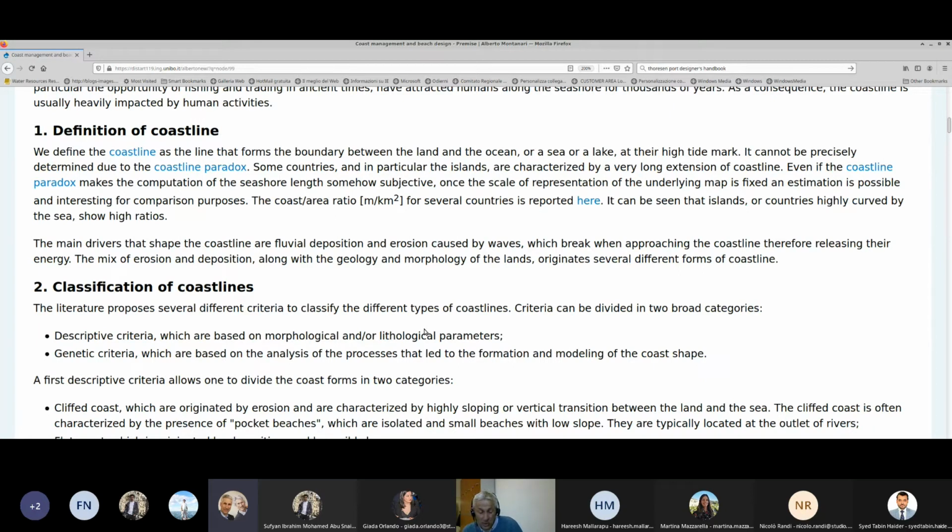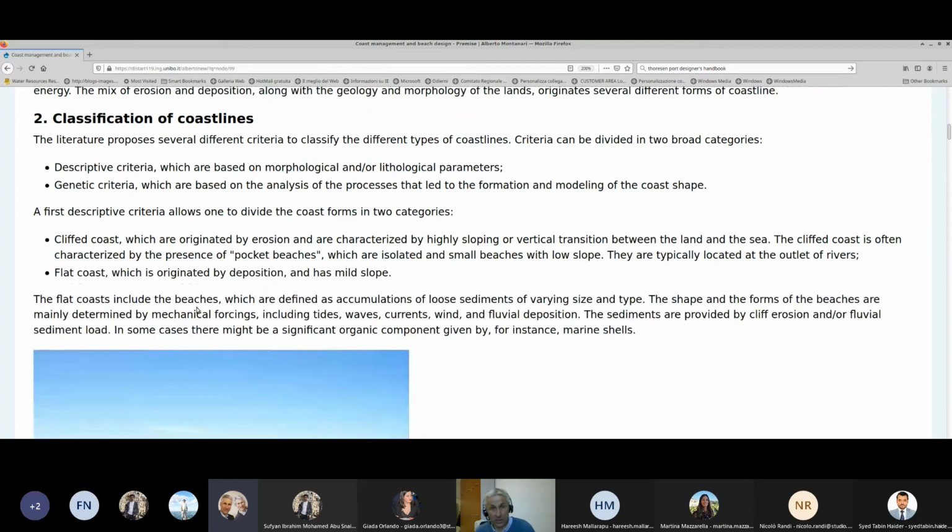And keep in mind that the shape of the coastline is determined by fluvial deposition of sediment and erosion caused by waves. There are several different shapes of coastlines which range from beaches to the cliffed coast. The cliffed coast is typically very steep, while the flat coast may host beaches. Sometimes beaches are also present in cliffed coasts. They may form pockets just beneath the cliffs.